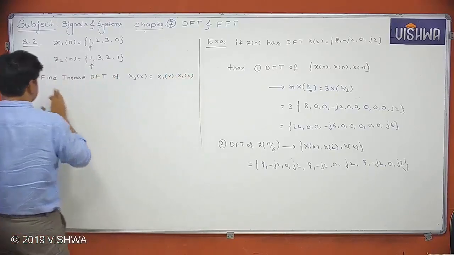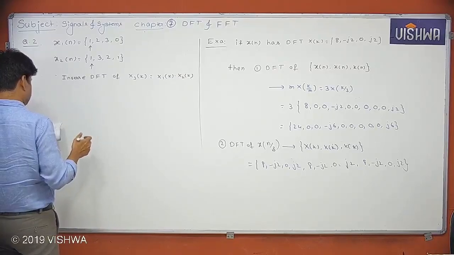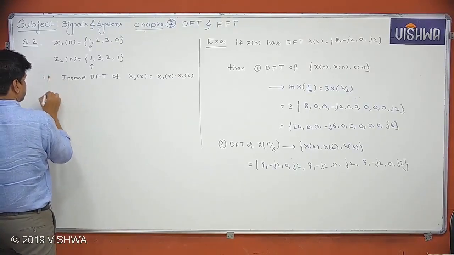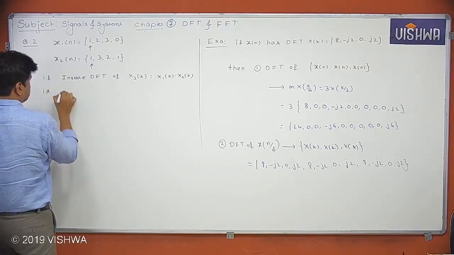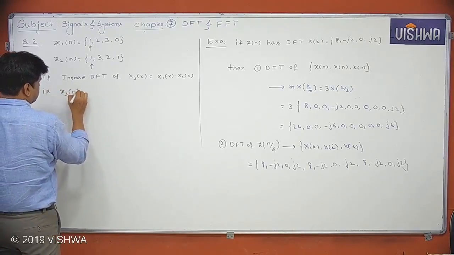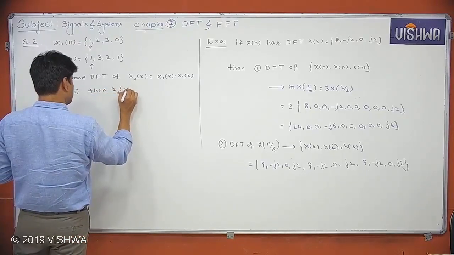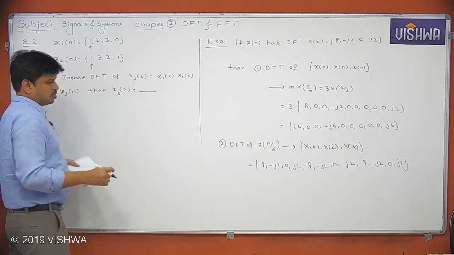If this is x3 of n, then x3 of 2 is equal to dash. This is the question.